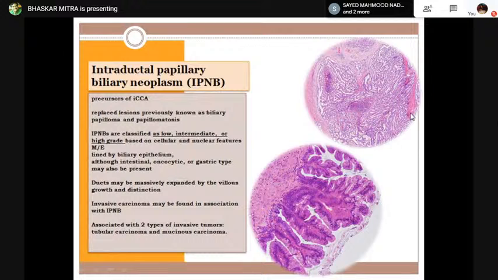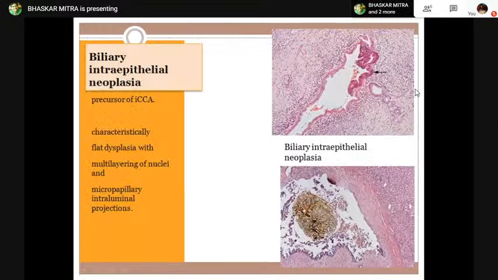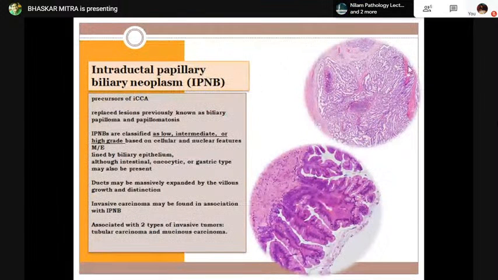It's more like a large tubule, and the large ducts are filled with papillary projections, papillary growths with the dysplastic cells lining here and there. That may be low, intermediate, and high grade. So, comparing this and this picture, here this is a flat type with small papillary projection. This is more of a papillary type with a large duct, with a tubulocystic appearance.